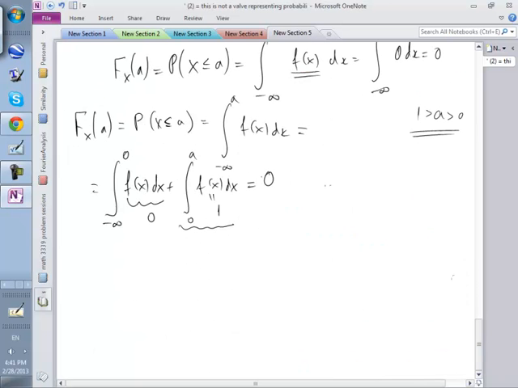So that integral is going to be equal to the integral of 1 from 0 to a dx. So that will give me a.